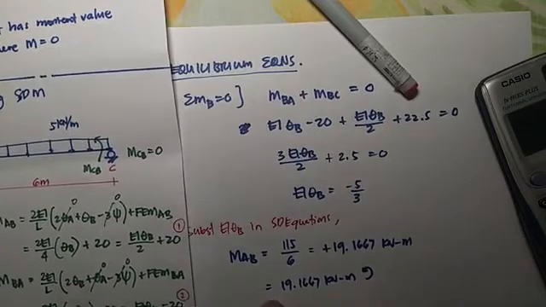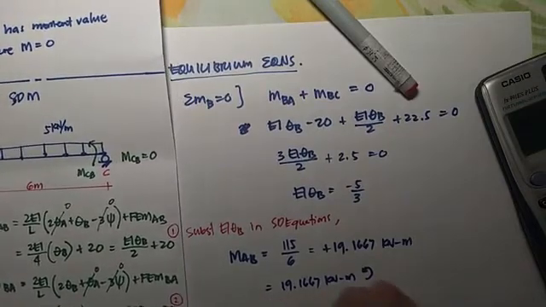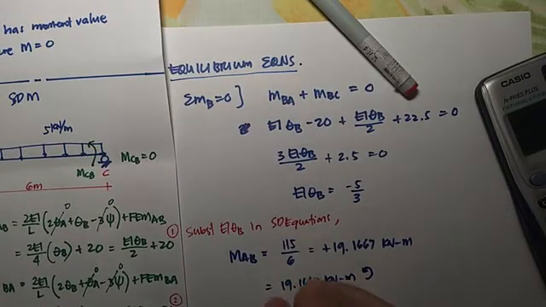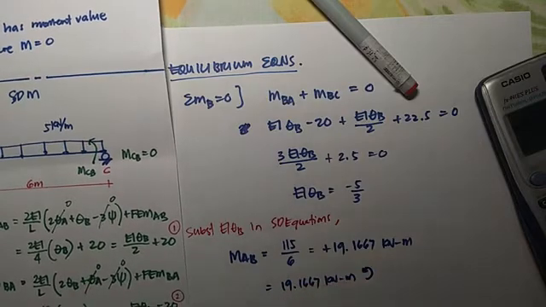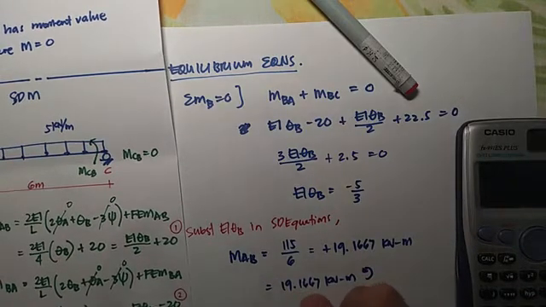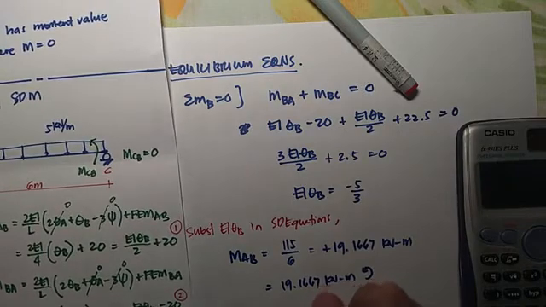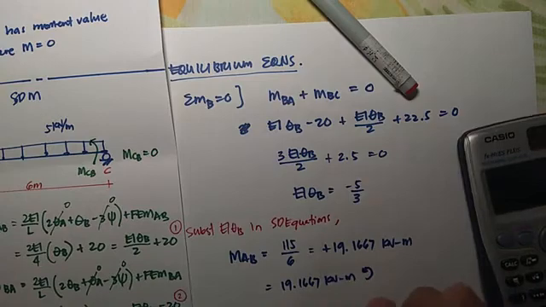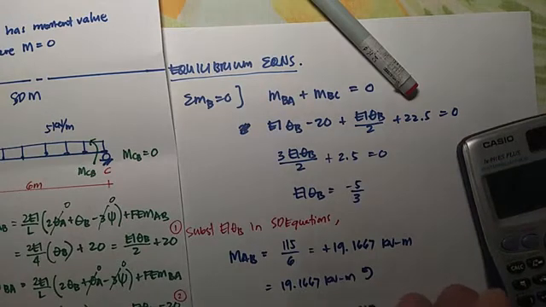Now how about for member BA? For member BA, again substituting that theta B minus 20, that's negative 65 over 3. 65 over 3 is actually negative 21.667.